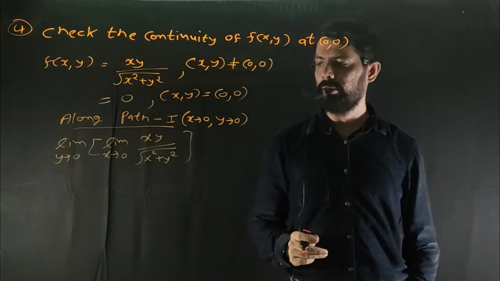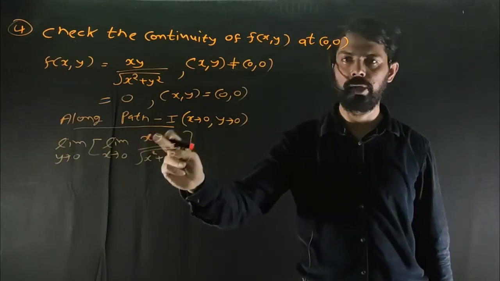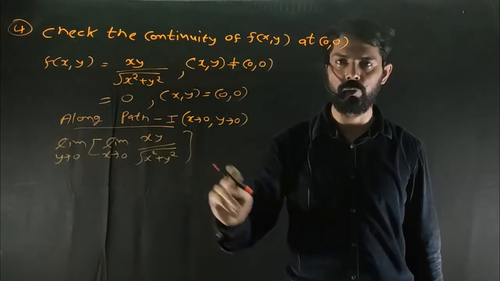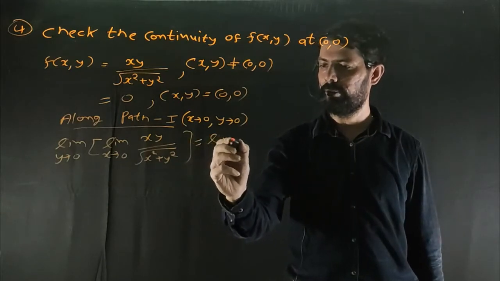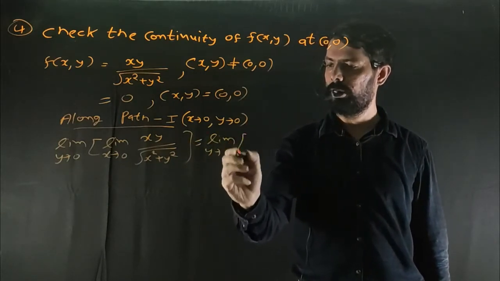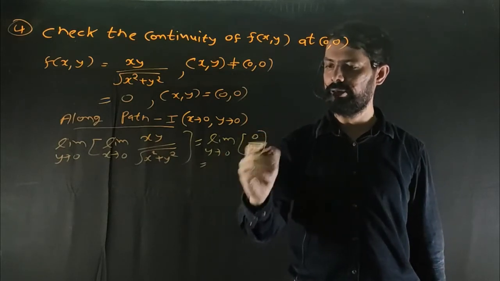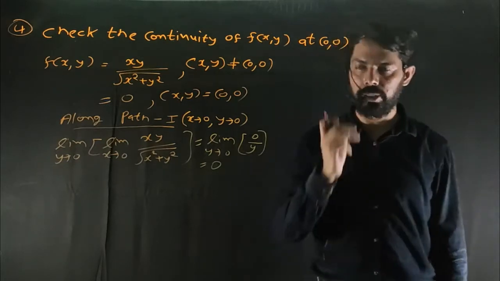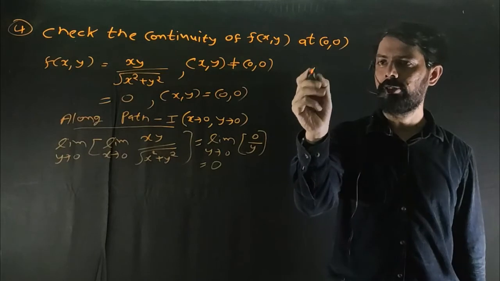Okay, so here we will replace x by 0. So here numerator will become 0, and in the denominator there will be root y square, so it will be y. So this will be limit y tends to 0 in bracket 0 divided by y. So if we simplify this, then it will be 0. So limit along path 1 is 0. Now let us discuss limit along path 2.